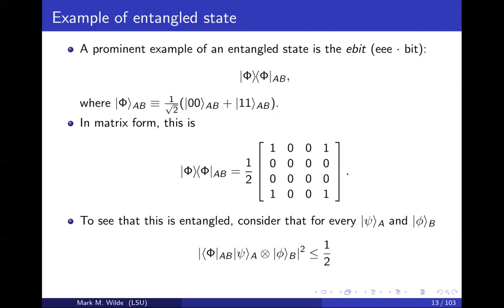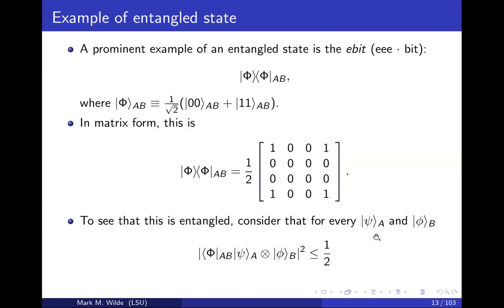How do you see that this is entangled? This is a more difficult exercise. What you can do is you can consider all possible product states of Alice and Bob, all possible pure product states. So psi tensor phi. And you can show that the overlap of this vector, this E-bit, with all possible product vectors is never larger than 1/2.